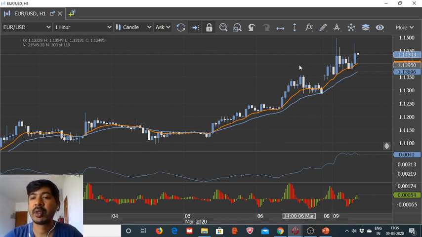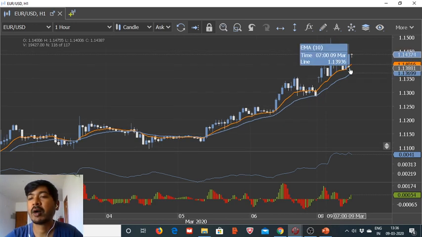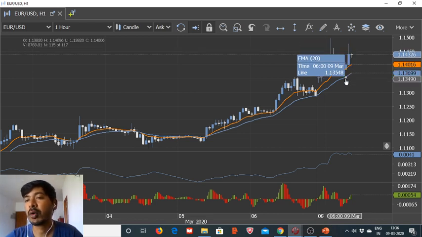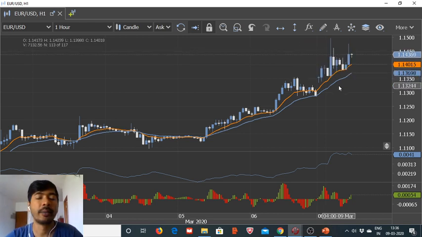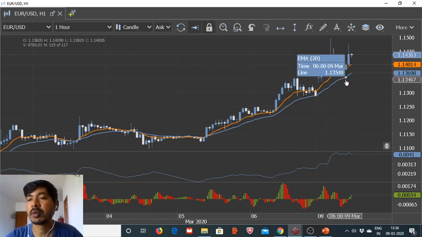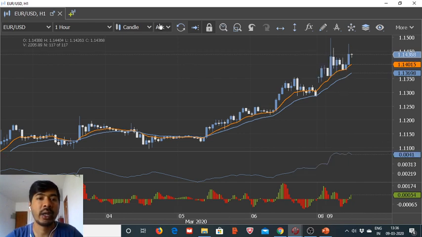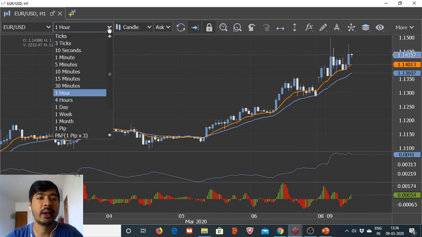So here the underlying theme of our trade setup has been that if the EMA 10 is above EMA 20, then we will be looking for the buy trade, but only when the last tick price is within 20 pips from the EMA 20. And also we are using the ATR on the daily time frame.